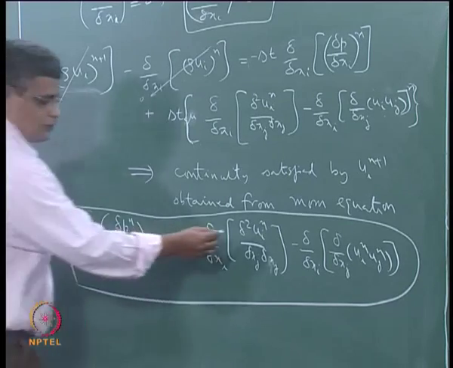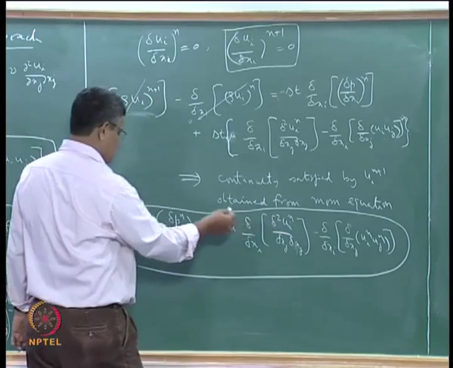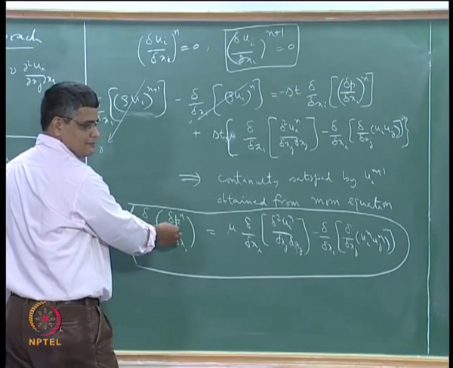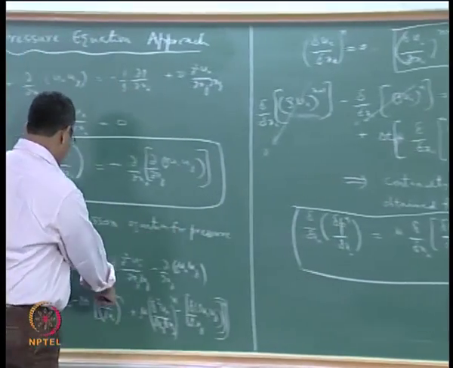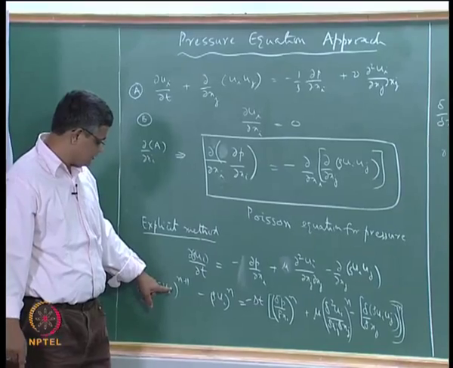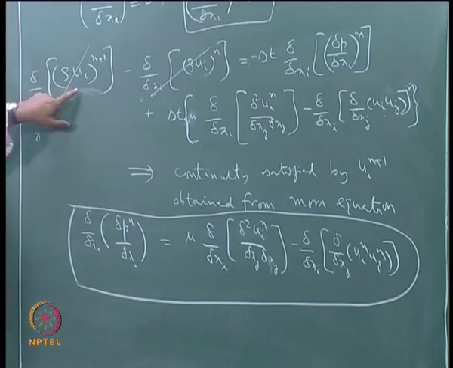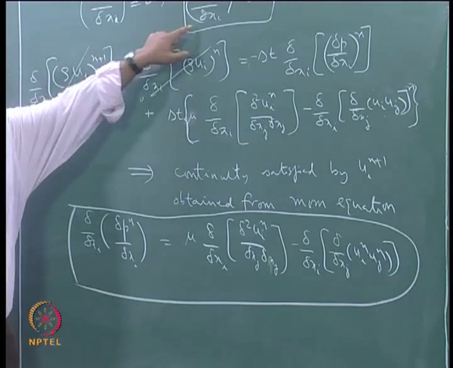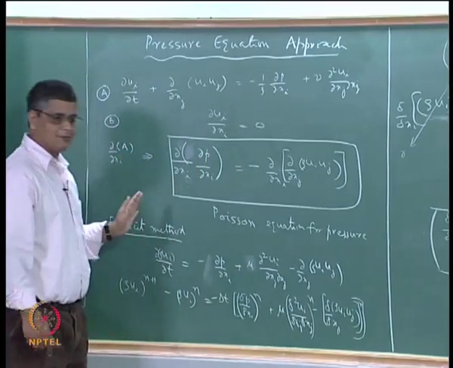So if you know the velocity field, then we can make use of it to get a pressure field at nth time step, which when substituted into the explicit form of the momentum equation will enable us to calculate a velocity field at n+1 which satisfies the continuity equation. Okay, so this is the basis for the pressure equation method in the explicit way.